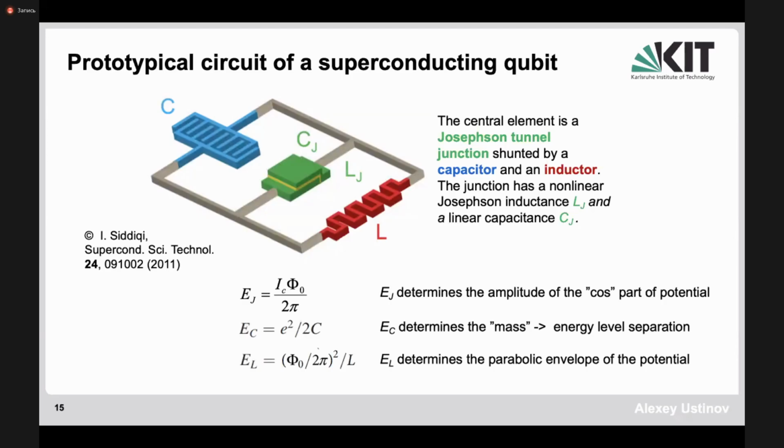And finally, there is another energy which we did not discuss yet. This is the inductive energy, EL, which is the square of flux quantum divided by 2 pi, divided by the inductance. So basically, by shunting the Josephson junction by inductance, now we should remember, we sum up in the Hamiltonian the cosine and parabolic potential.